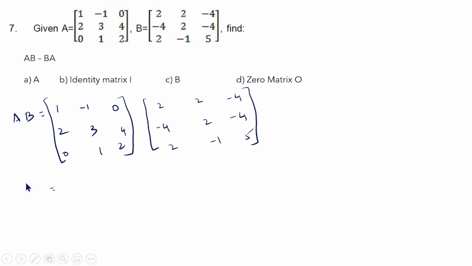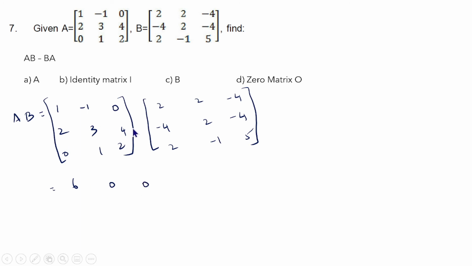So this is equal to, we have to multiply first row and the first column and add. So it is 2 plus 4 plus 0, so 6, then 2 minus 2 plus 0, so it is 0, then 4 minus 4 plus 4 plus 0, again 0.